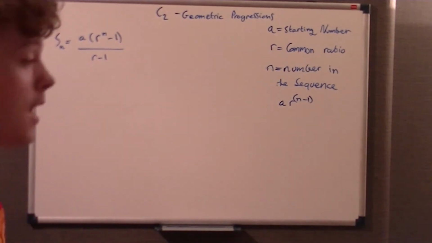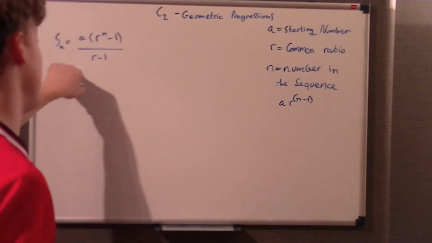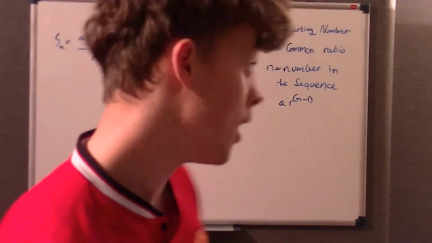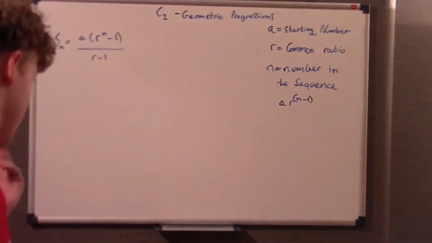It just depends. If your R is bigger than 1, you do that. If it's not, you do it the other way around. It doesn't matter which way actually, but it just means you won't get confused with negatives and your calculator won't mess it up for you in the exam.